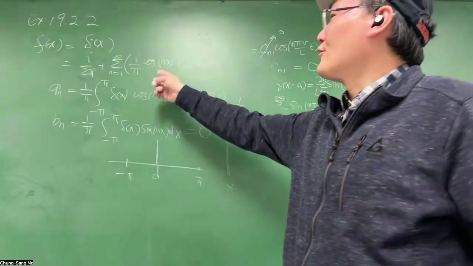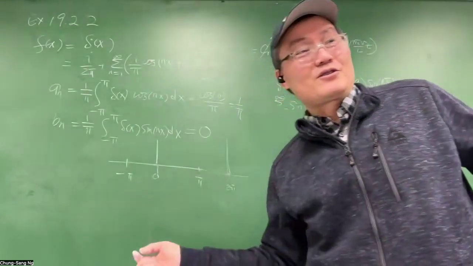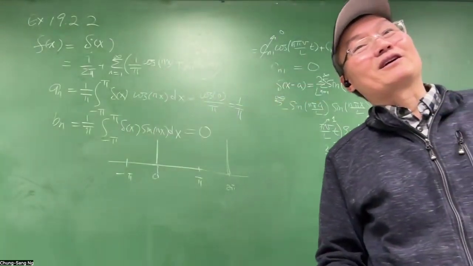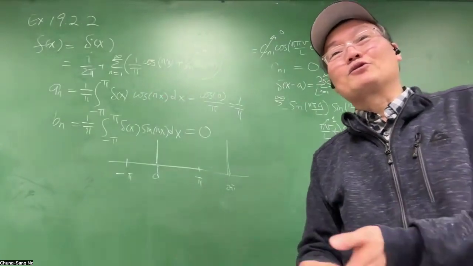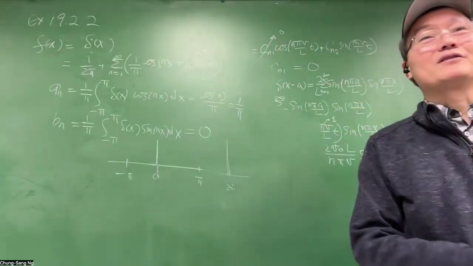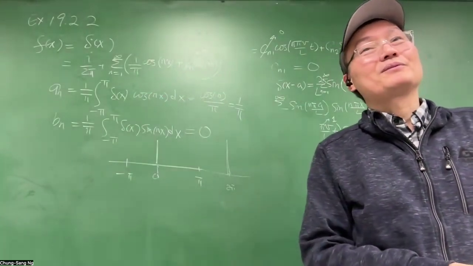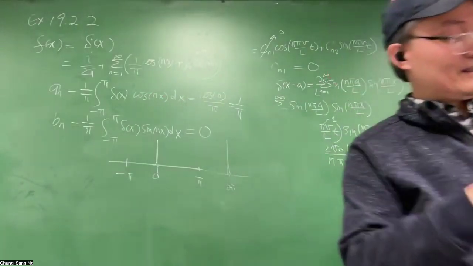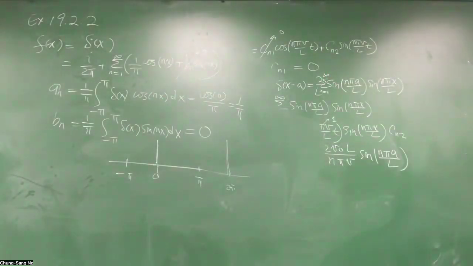You make it 2 pi just for this form, just to write down a formula that is easy to recognize. There's no trick to that. You can always redefine your limit or your variable. Okay. Is that enough for this question?